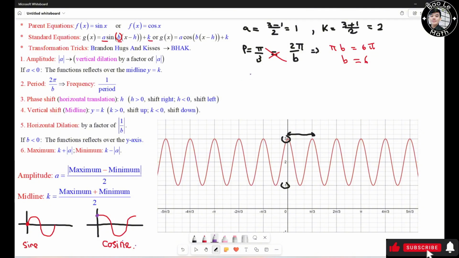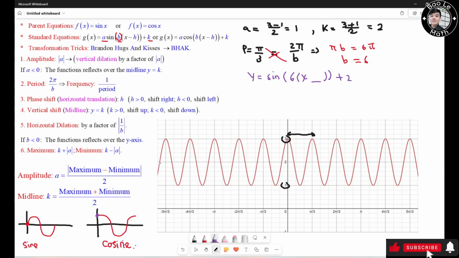So I write the sine or cosine function right here. So y equals sine, A equals 1, I don't need to write 1, sine of 6 parentheses, blank, plus 2.